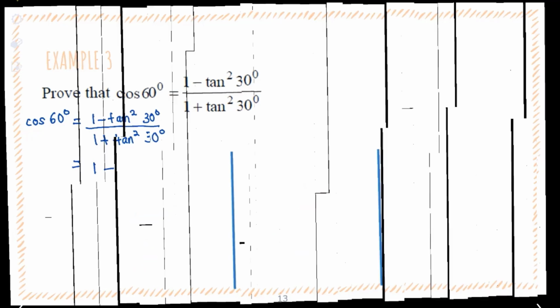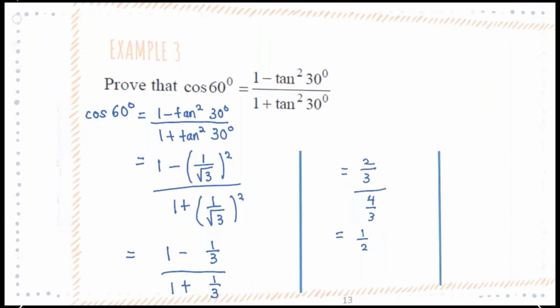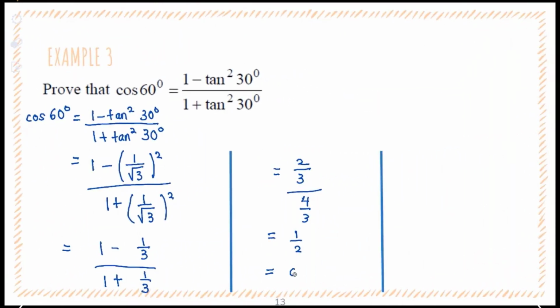So remember, what is cos 60? Cos 60 is 1 over 2. So we're just going to write here, this equals cos 60. So when I choose my right hand side, I will do the solution until I get my left hand side.